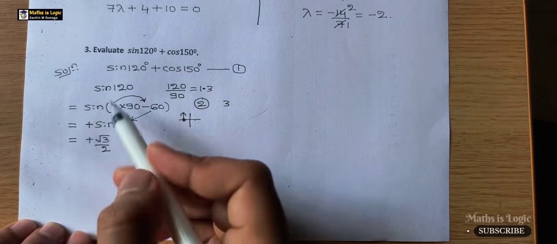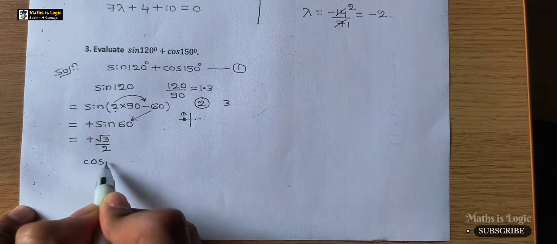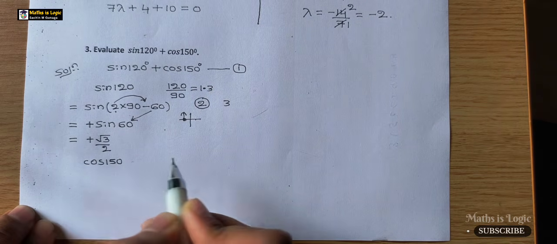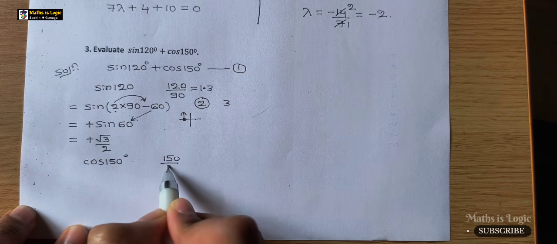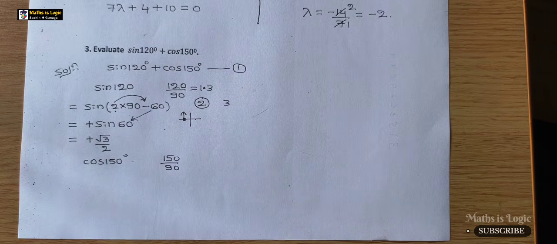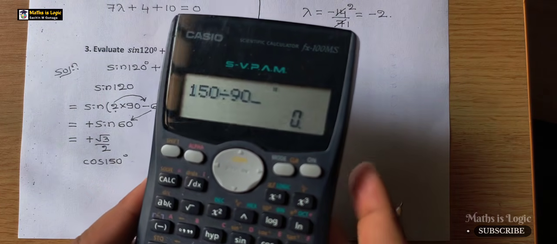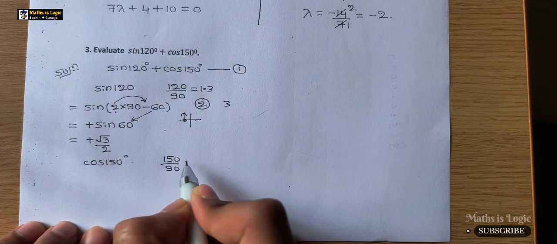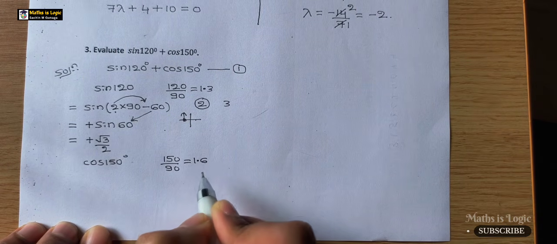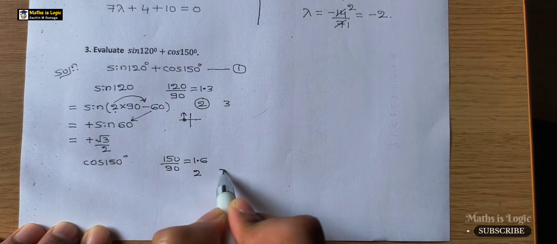Next, take the second one, that is cos 150 degree. Same, first 150 divided by 90. So 150 divided by 90, how much? 1.66. So 1.6 means it comes in between 2 and 3.